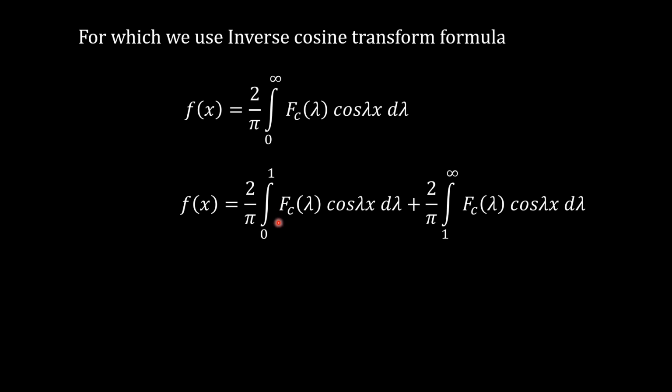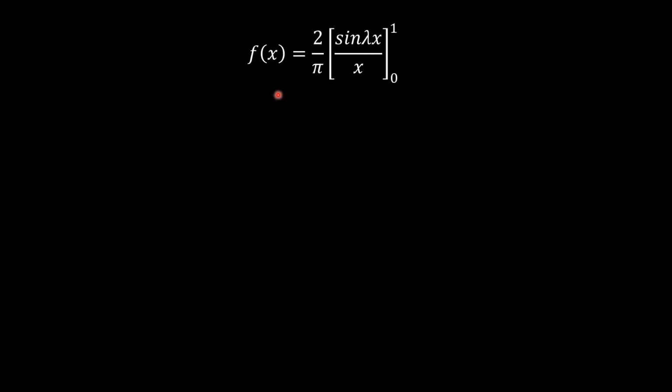In 0 to 1 it is 1, and in 1 to infinity it is 0. Hence f of x becomes 2 upon pi integration from 0 to 1 cos lambda x d lambda. This is a simple integration. So f of x is equal to 2 upon pi sine lambda x upon x, limits from 0 to 1.